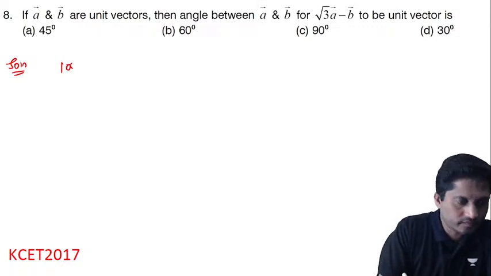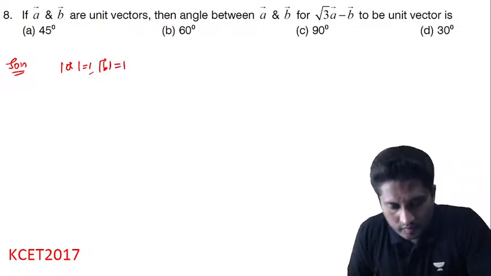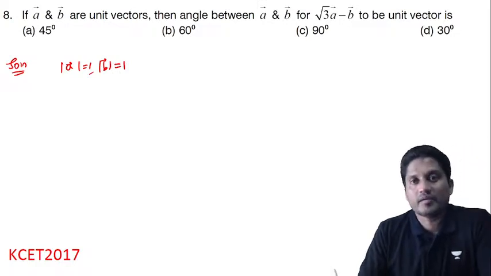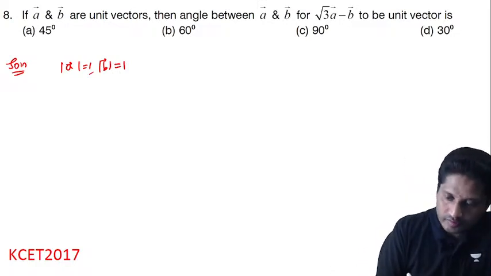I'm supposed to find the angle between A and B. It's also given that root 3 A minus B is a unit vector. So this root 3 A minus B modulus is 1.